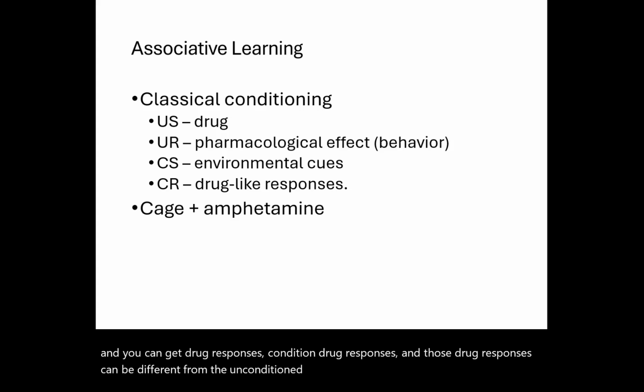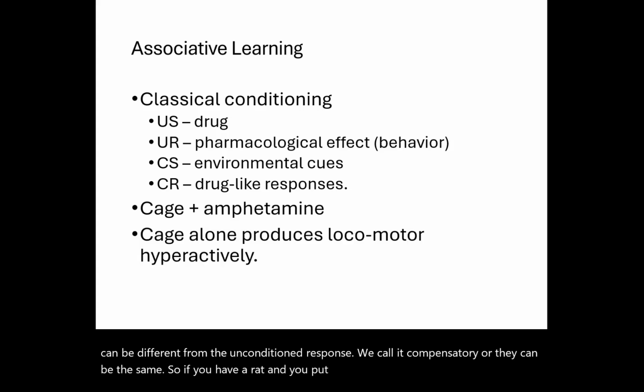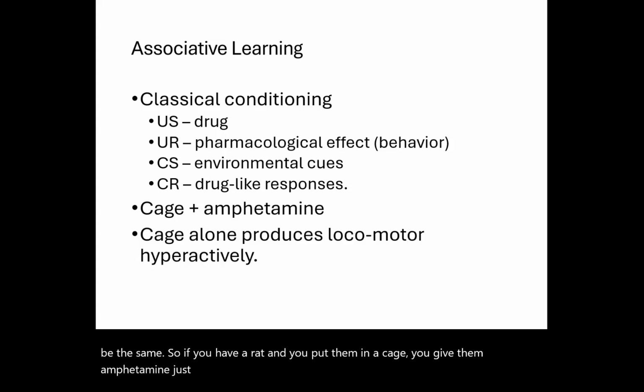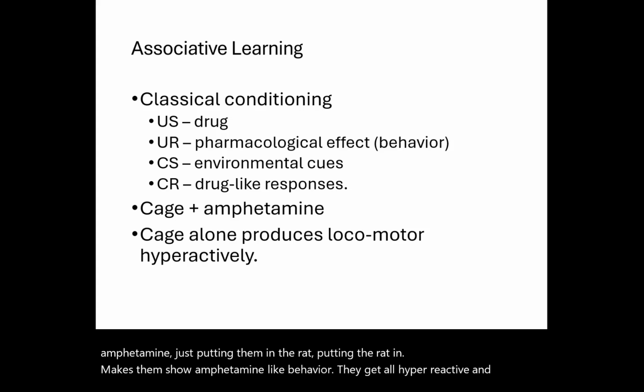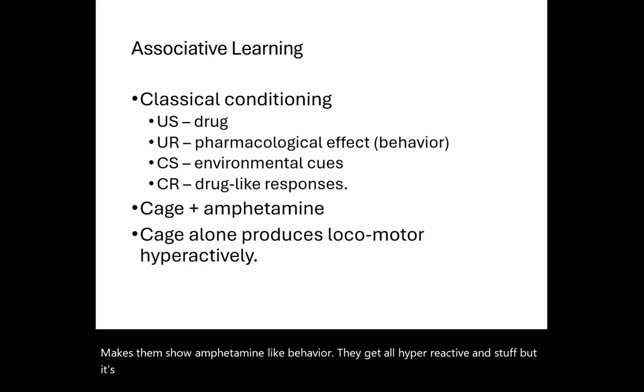We call it compensatory, or they can be the same. So if you have a rat and you put them in a cage, you give them amphetamine, just putting the rat in the cage makes them show amphetamine-like behavior. They get all hyper-reactive and stuff. But it's not only what the drug does, it's the motivating factors as well that can be classically conditioned.